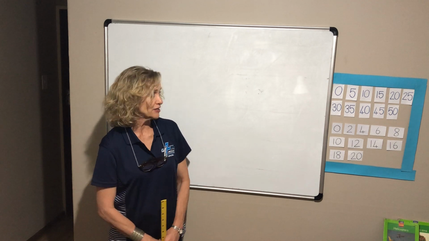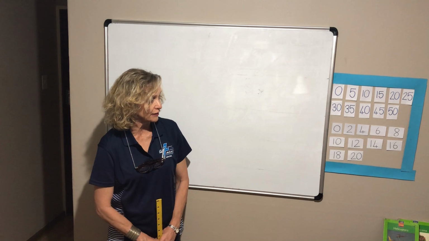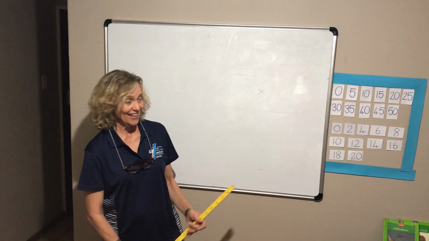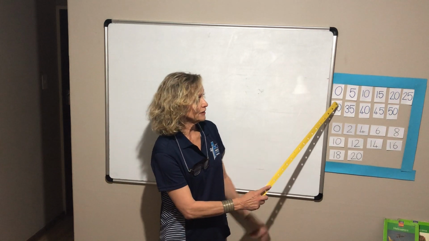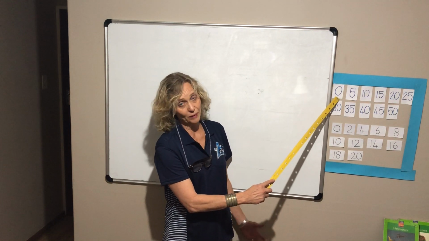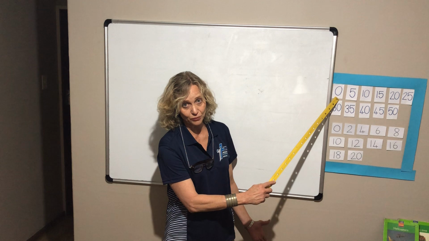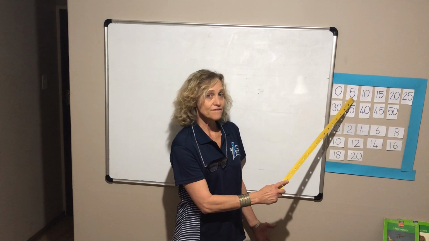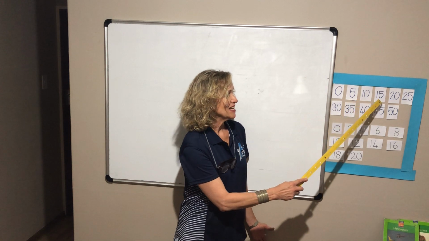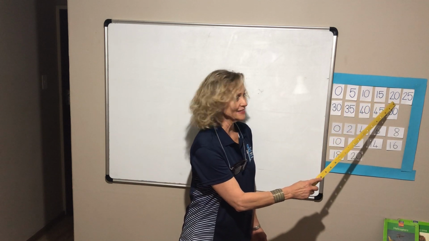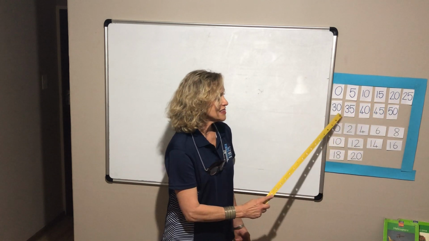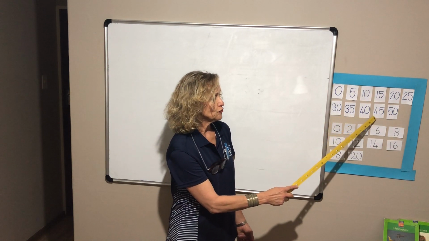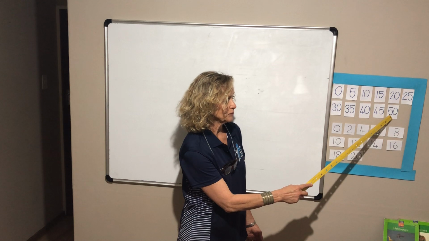Before we do that, I just want us to count in 5s and in 2s up to the 10th multiple. Alright, so let's see. First of all, we have 0 groups of 5 will be 0. Okay, so then we go 5, 10, 15, 20, 25, 30, 35, 40, 45, 50.